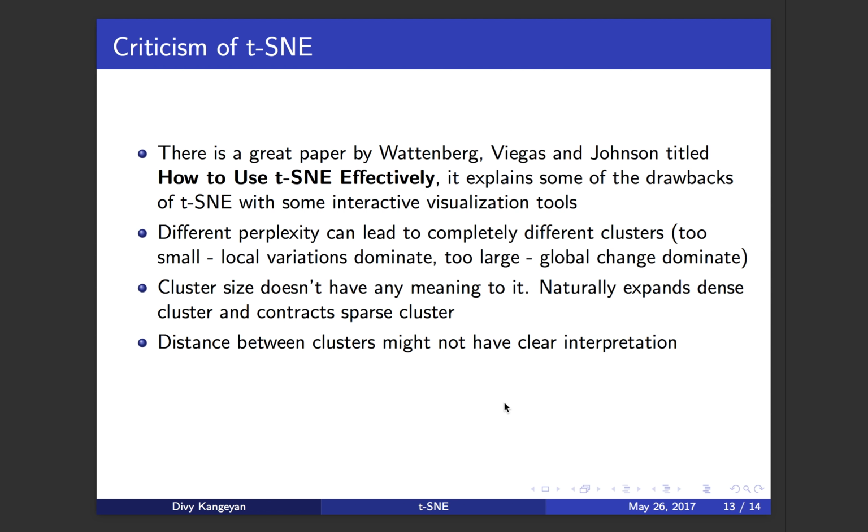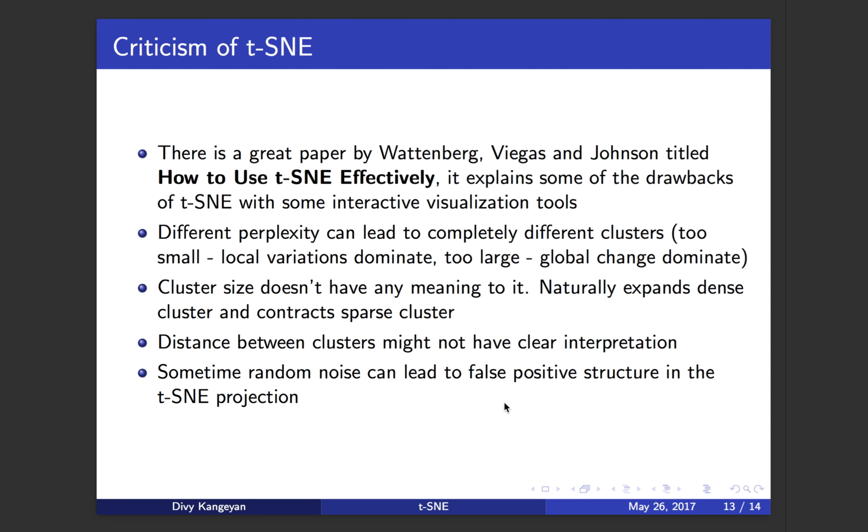And then another criticism is that the distance between clusters might not have a clear interpretation. If you have two clusters that are close to each other, and another two clusters that are far apart, just because of the intercluster distance, that doesn't mean the clusters that are far apart are very different from each other, or that clusters that are close are very similar to each other.